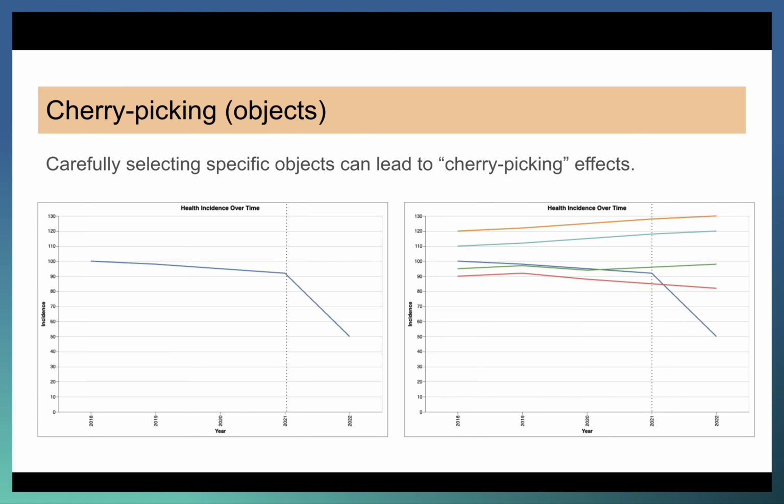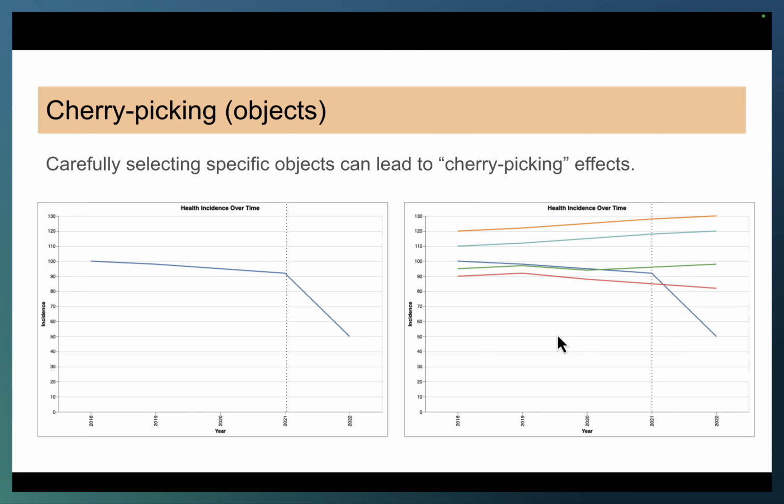Another example is cherry picking with objects. Here I created a fictional case where, say, there's a specific medical intervention, and let's say a group of researchers wants to show the effect of that intervention, and they start it at a given time represented by this vertical axis, and they say, oh, look, the incidence of this problem is going down right after the intervention, right?